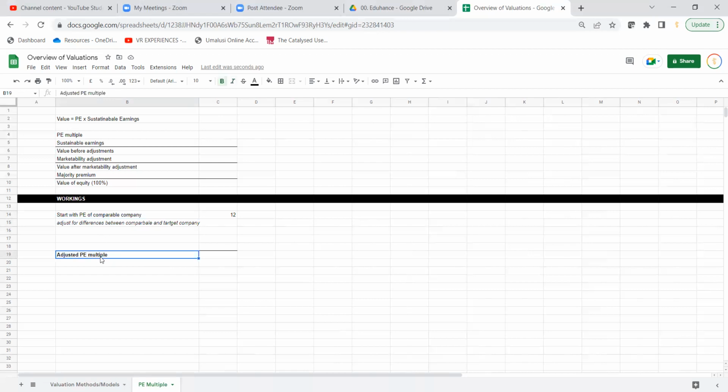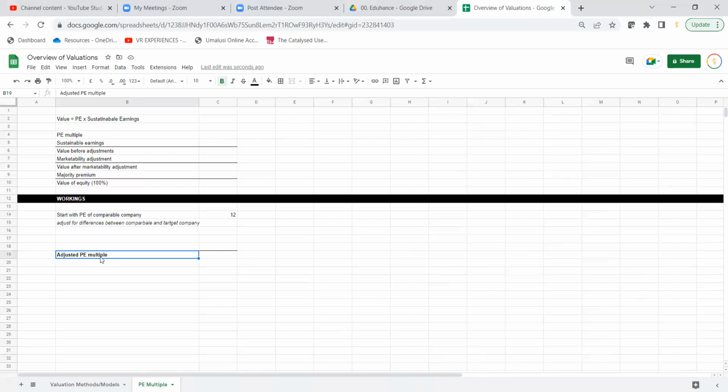It is impacting every company. So that's very important to take note. You start off with a comparable company and you make adjustments for differences between the comparable company and us. You don't adjust for something that impacts everybody in the economy, everybody in the industry. Just take note of that.